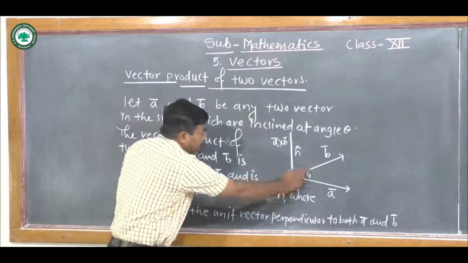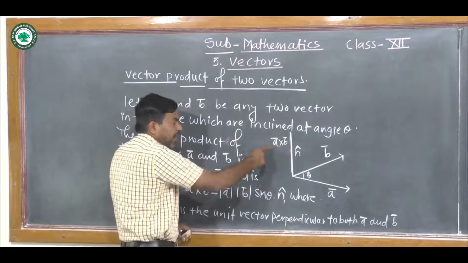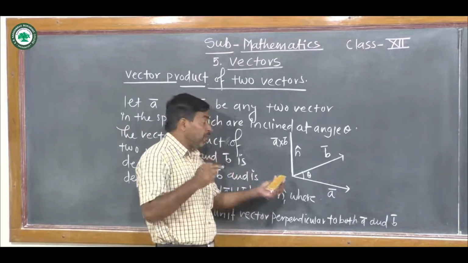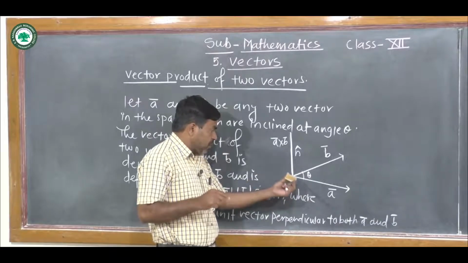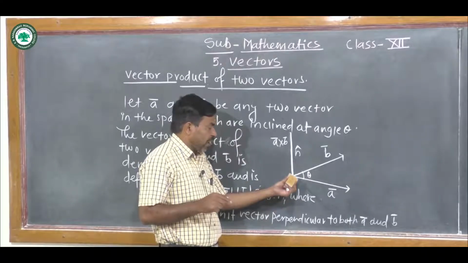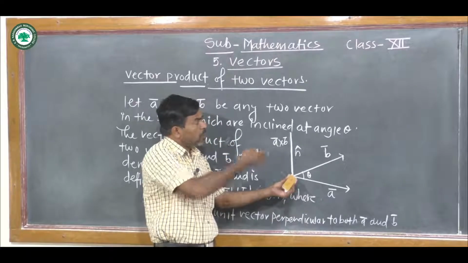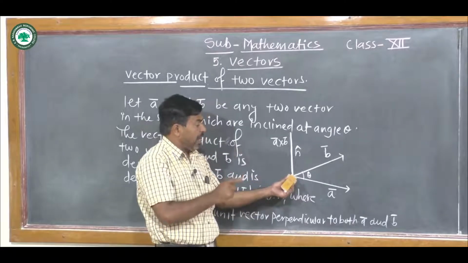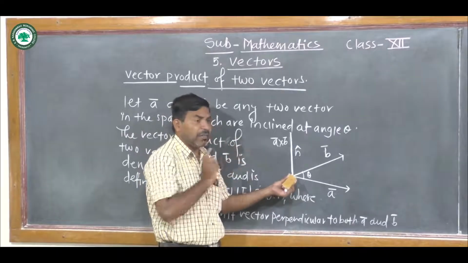If we see here A bar and B bar, if this blackboard is a plane, then A bar cross B bar is the vector which is perpendicular to A bar and B bar, or the plane containing A bar and B bar. See, this A bar cross B bar is this vector, which is perpendicular to A bar as well as perpendicular to B bar, and it is perpendicular to this board. It means that this vector is perpendicular to the plane of A bar and B bar. And this n cap is the unit vector along the vector A bar cross B bar.